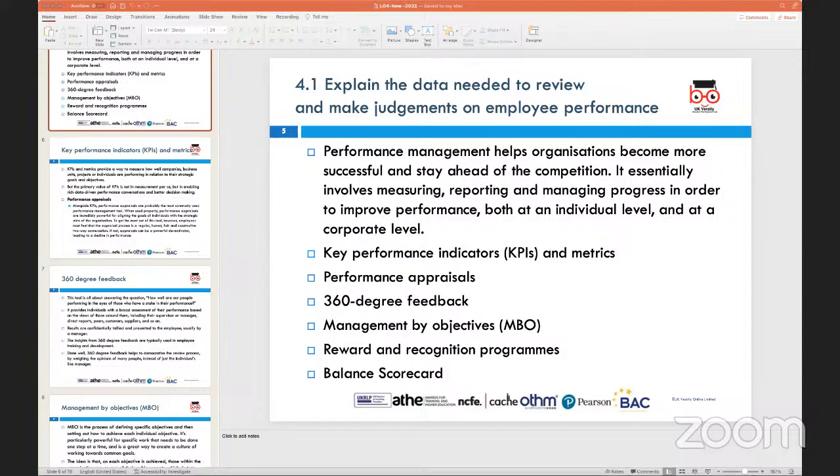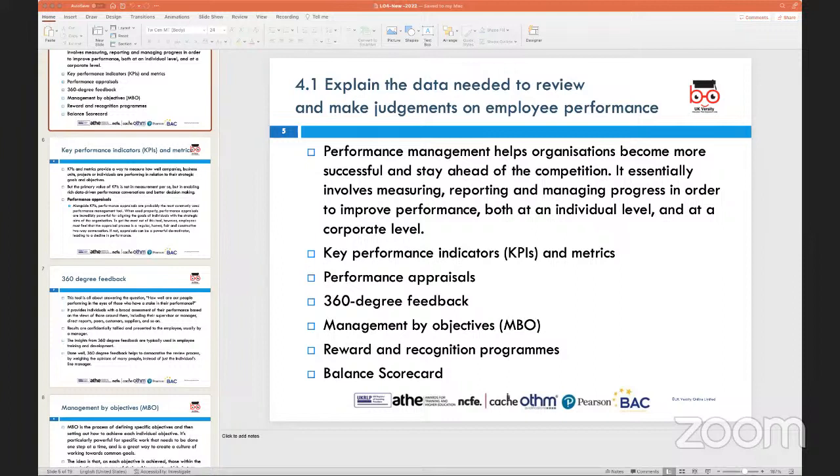In those cases, you would generally see that feedback is taken on how the employee is performing, not just from the immediate manager, but also from peers, customers, and at some stage even other people that you deal and work with within the organization.